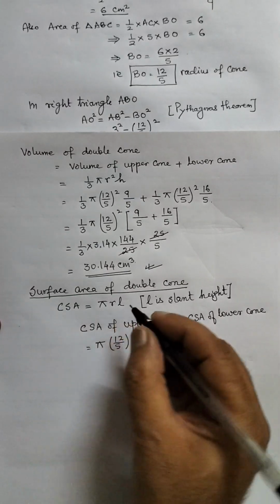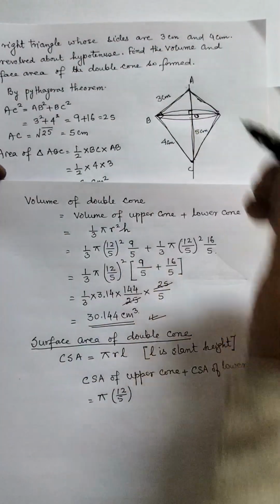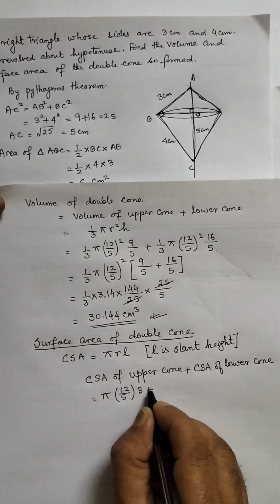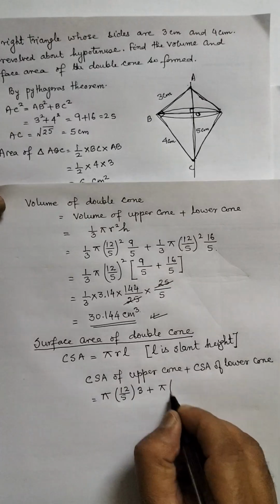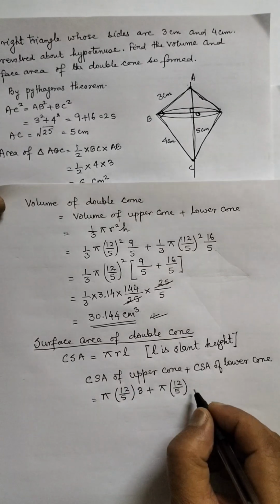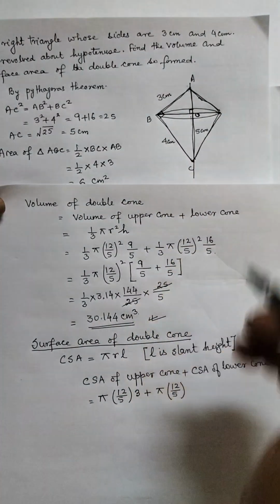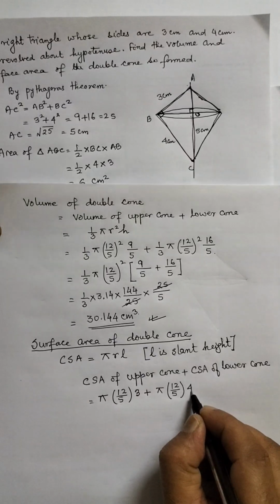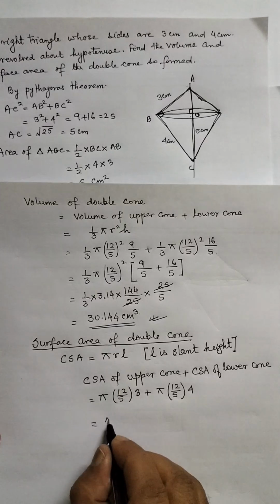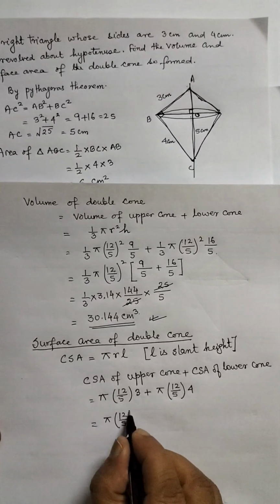L. For upper cone, the slant height is 3, plus π, radius is same for both the cones, and for lower cone the slant height is this 4. This is the slant height for the lower cone. On solving, we will take π times 12/5 common.